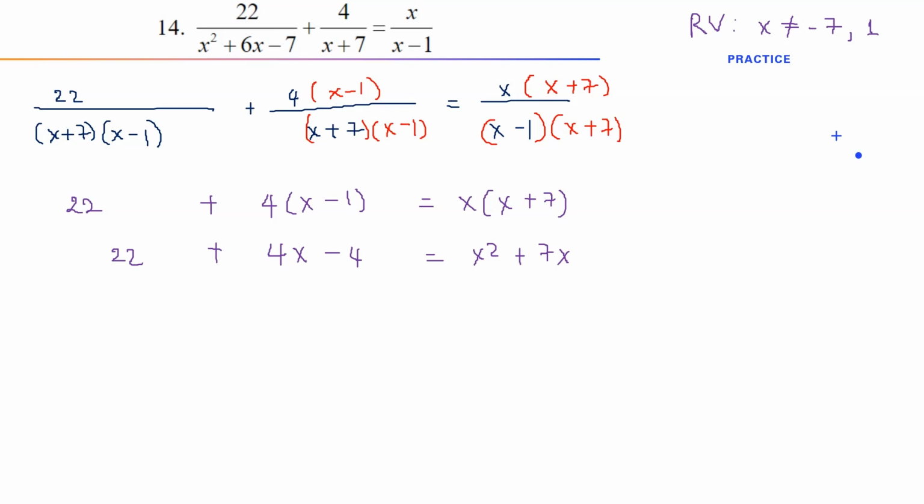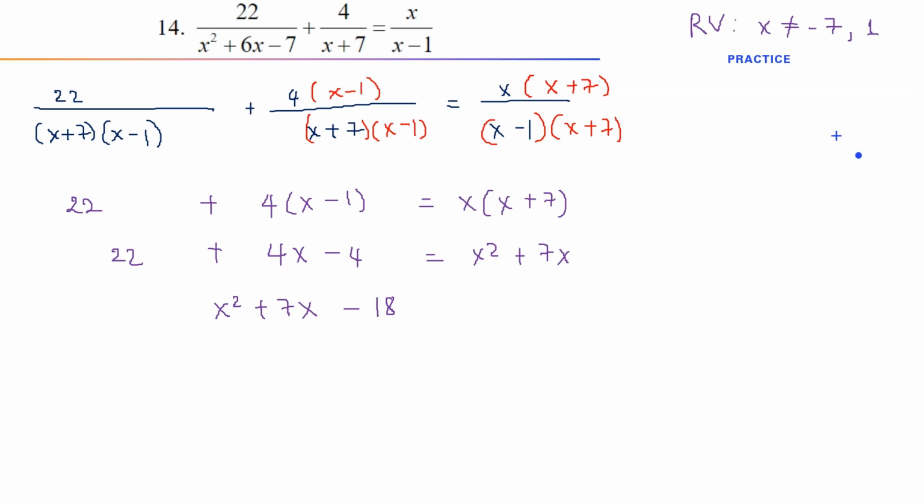Now I will move all of the left-hand side terms into the right-hand side. So let's combine the terms first. We have 22 minus 4 is 18. And when I move it to the other side, it's minus 18, right?